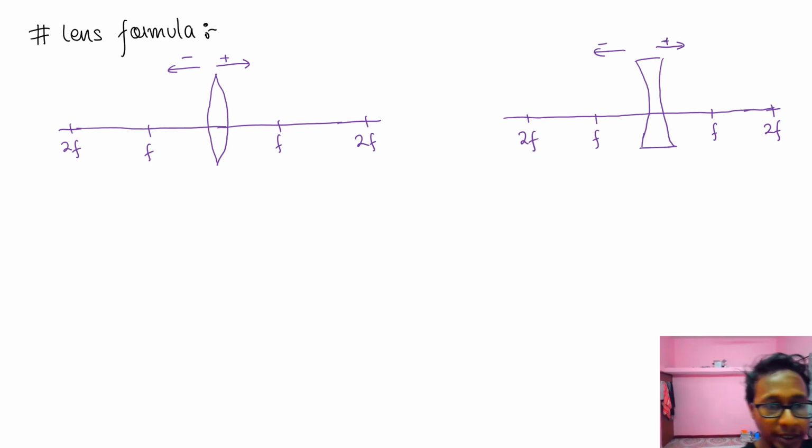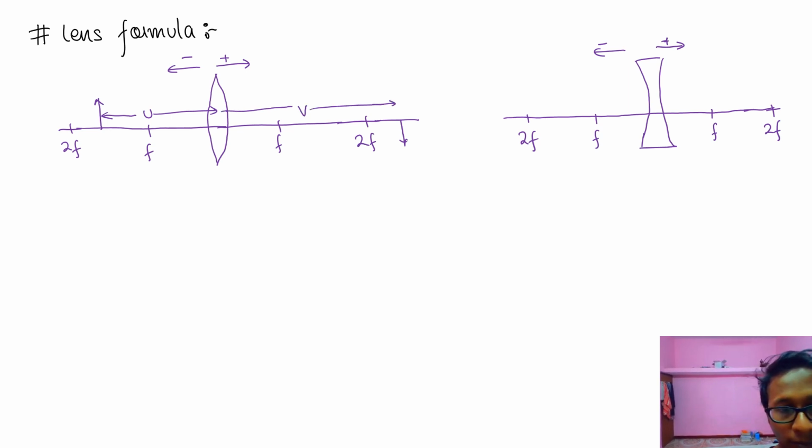Now see, suppose I have an object out here. The object distance is given by u from the pole. The image will be formed somewhere around here, given by v from the pole. Up till now I have said that this focus distance and this focus distance are the same.